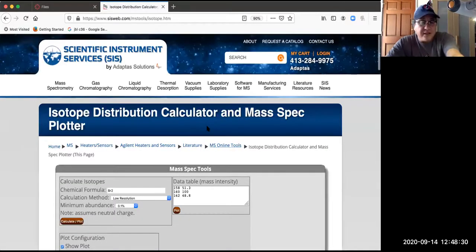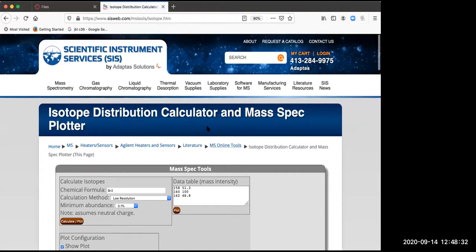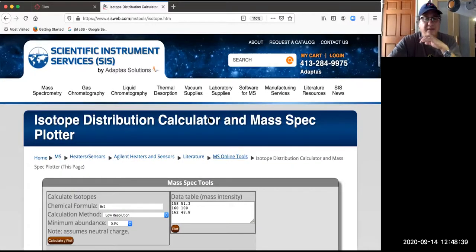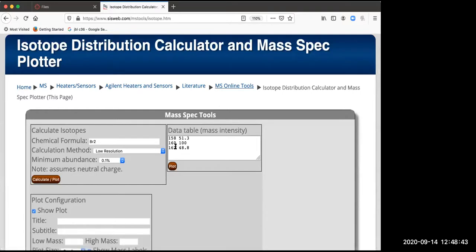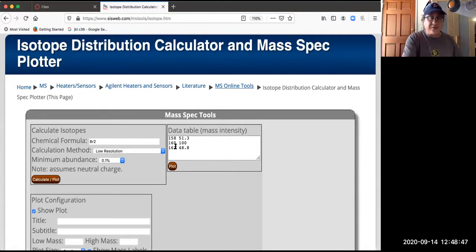Oh, and look, the table says that there are actually 3 masses: 158, 160, and 162. So kind of our combined hypothesis is right in a sense, correct? Except look at the intensities.